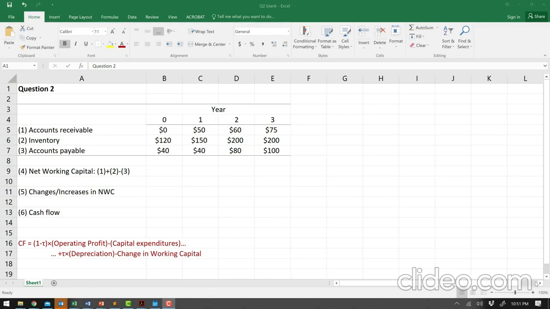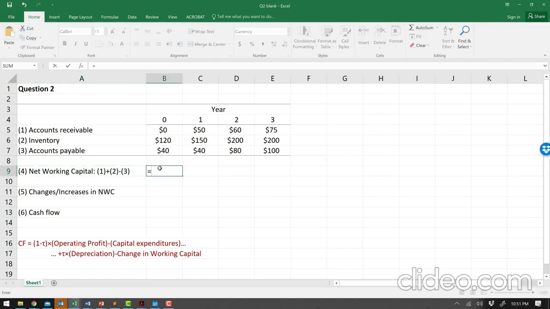First, let's use forecasts of accounts receivable, inventory, and accounts payable to compute net working capital in each year. By definition, net working capital equals accounts receivable plus inventory minus accounts payable.